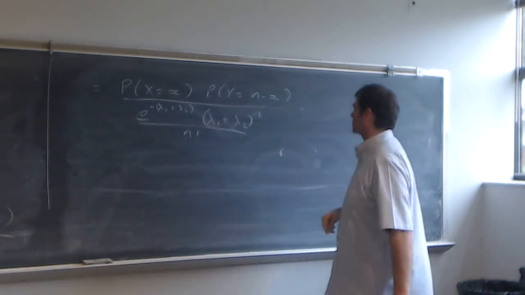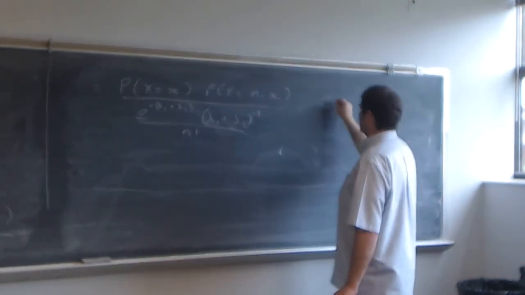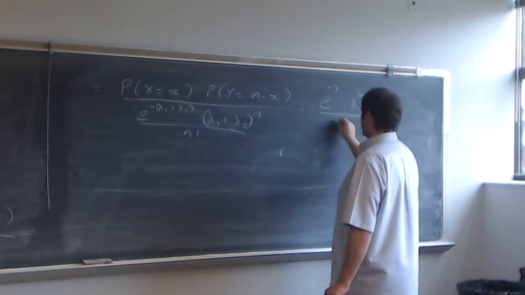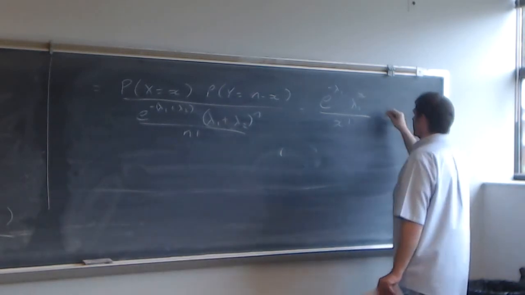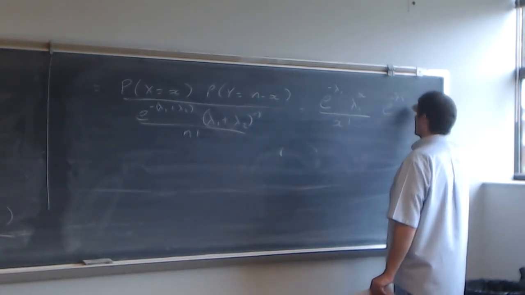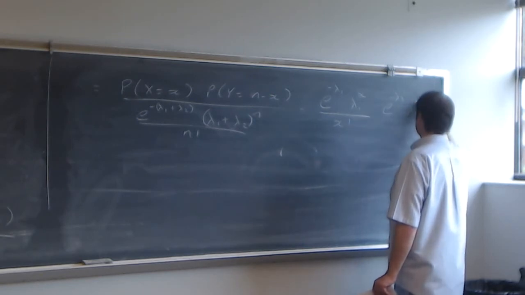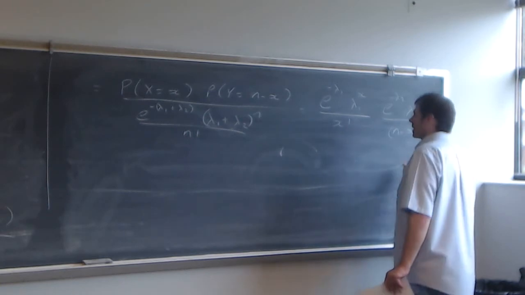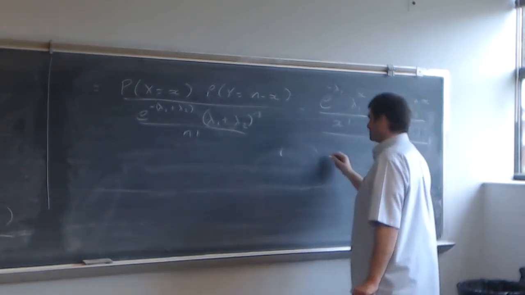Each one of these is a Poisson random variable, so this is e to the minus lambda sub 1, lambda sub 1 to the x over x factorial. This is going to be e to the minus lambda sub 2, then lambda sub 2 to the n minus x over n minus x factorial, and then all over this bottom.